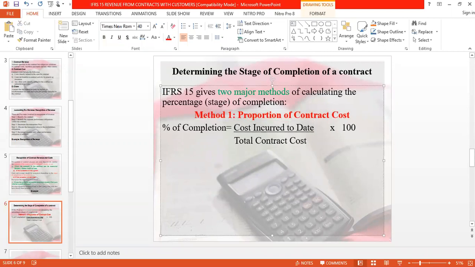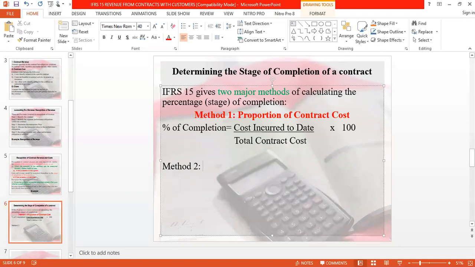That is method 1. Method 2. It depends on what the examiner asks.